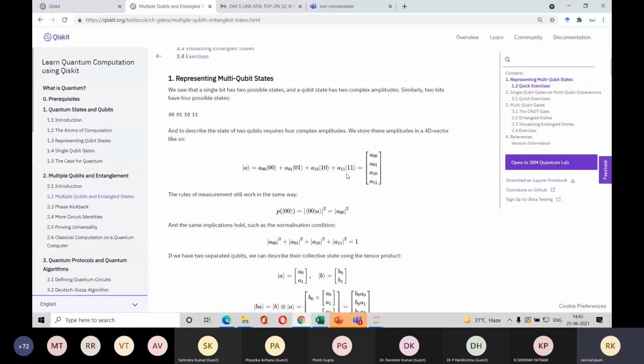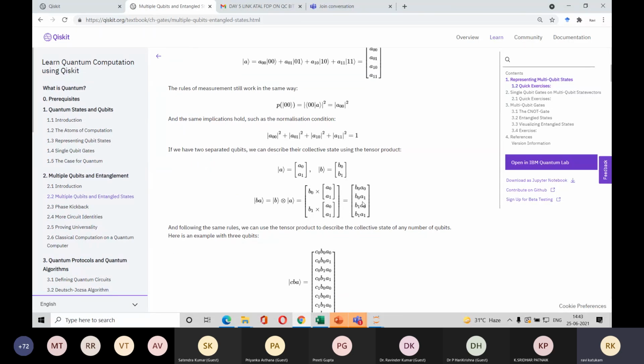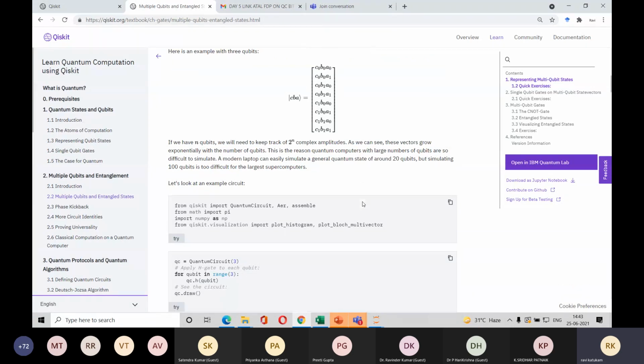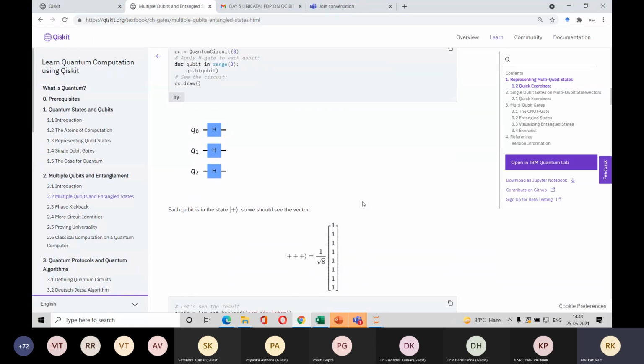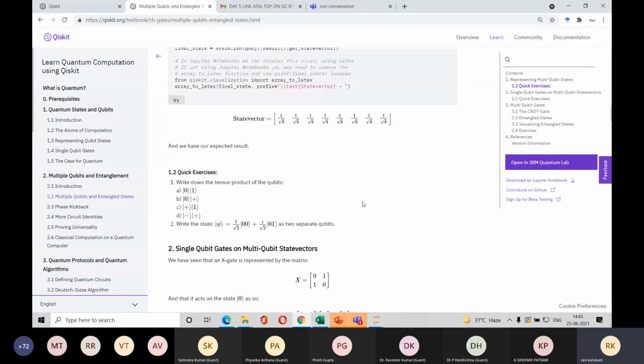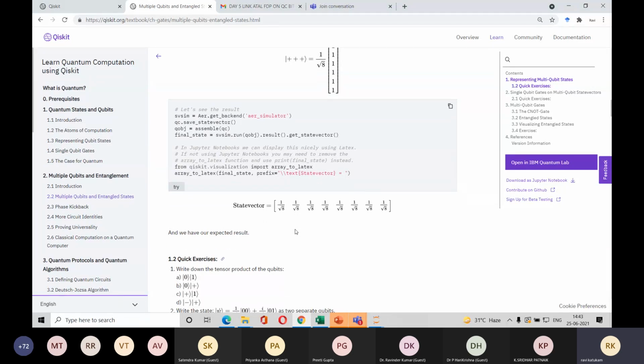The subscript refers to the state and a refers to the amplitude values. Again you take the square of these amplitudes and add them up, they should become 1. Similarly you can have a 3-qubit system or 4-qubit system, where in a 3-qubit system the amplitudes are given by 1 over root 8.